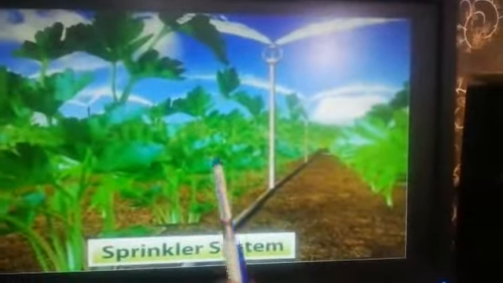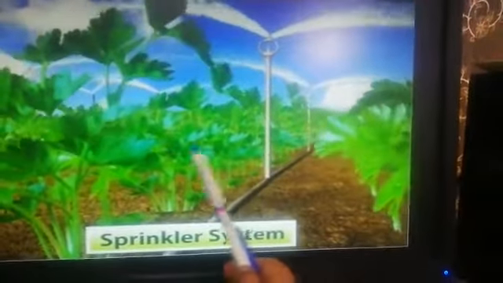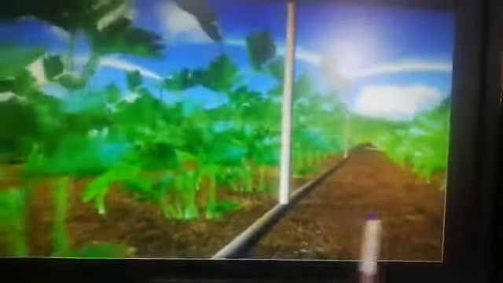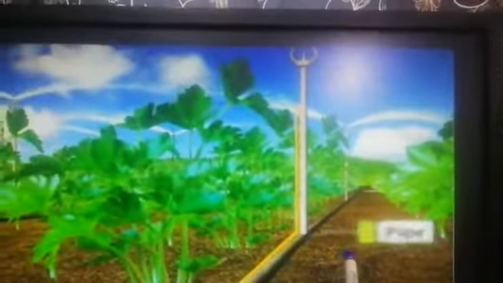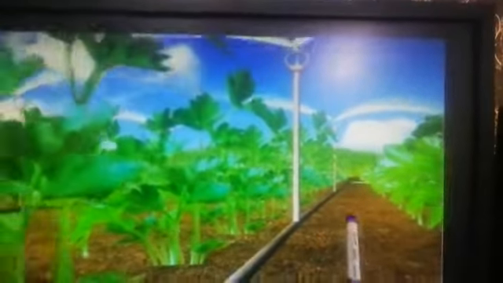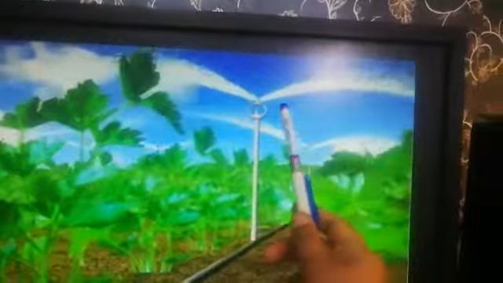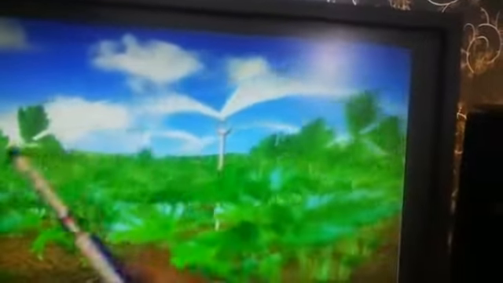You can see here the pipes and baby plants. In this system we are using sources, pipe, and nozzles. With the help of the nozzle, the water is thrown towards the baby plants, and we are using a tank system.